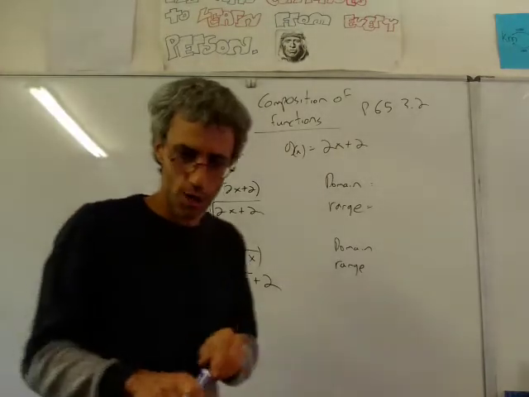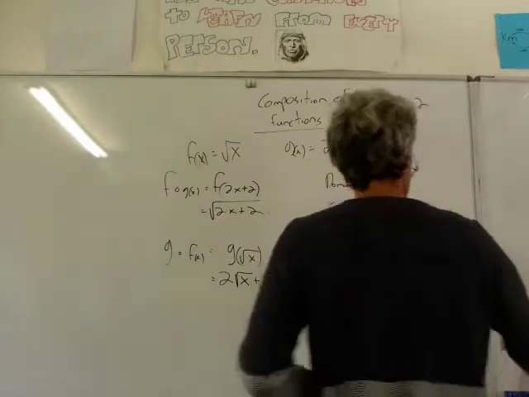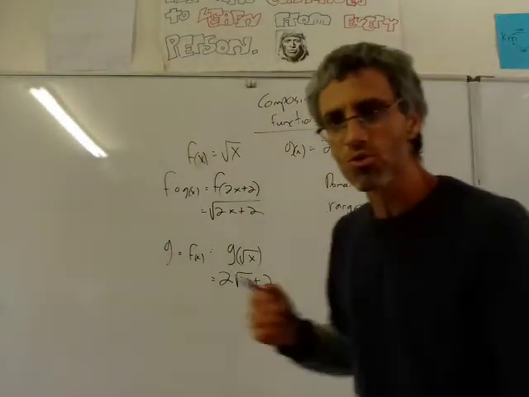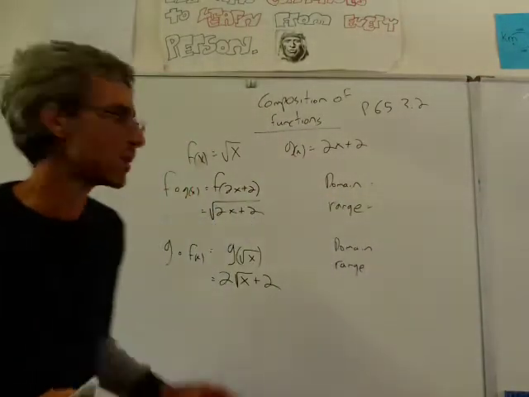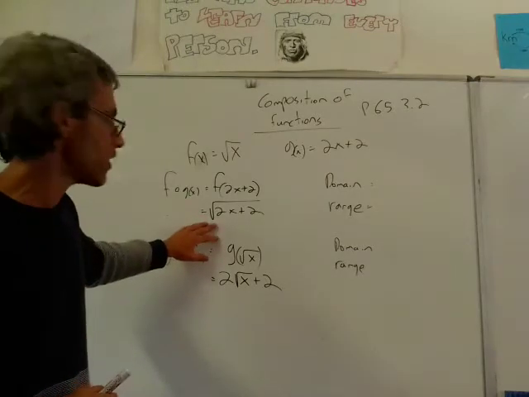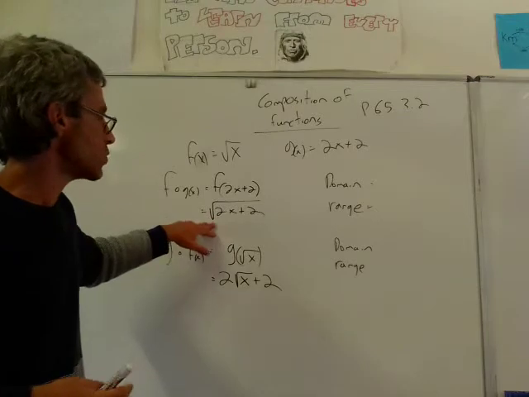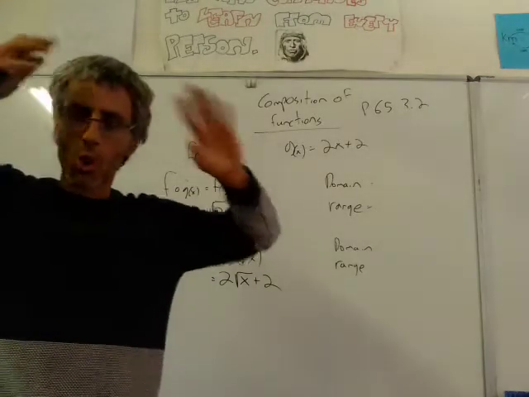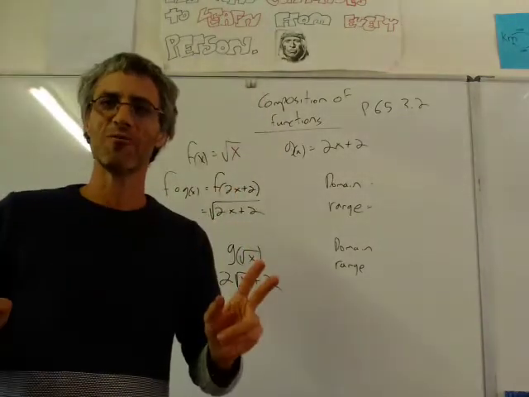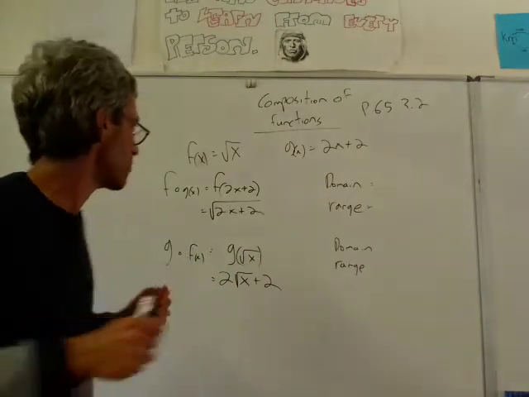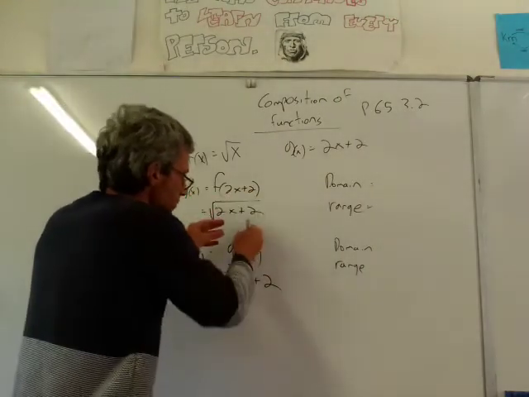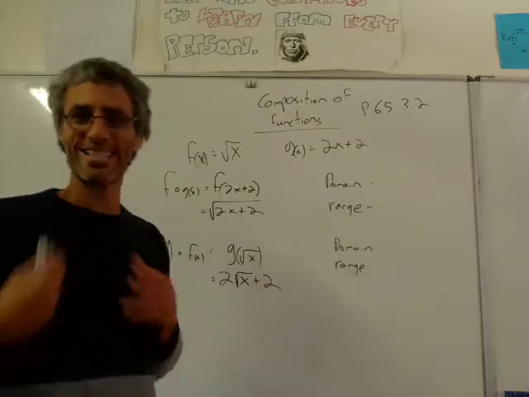Now what they've also asked us here, okay, in blue, is find the domain and the range of each one of the function. Okay? So the function I've got here, the composed function, is square root of 2x plus 2. Domain is all the kosher values of x, all the values of x that I'm allowed to put in. So what's the problem with square root? I can't have anything less than 0, right?